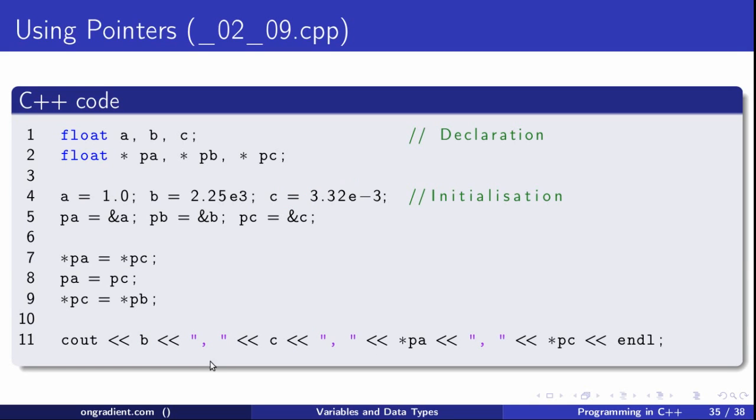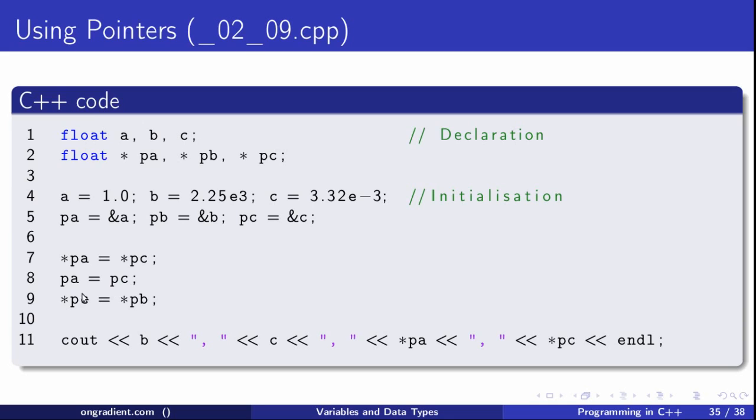First, note that the variables have type float. Therefore, the pointers are also declared with the type float. Second, try to understand the 8th line of the code. We assign to the pointer for variable a the address of the variable c.